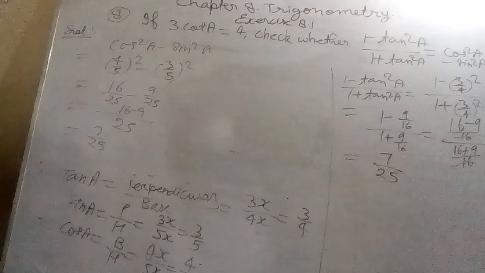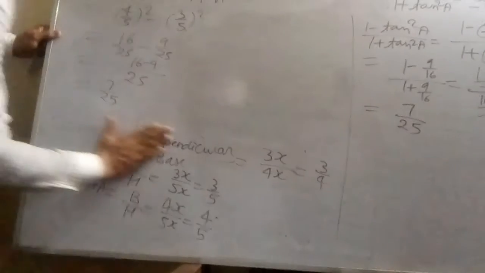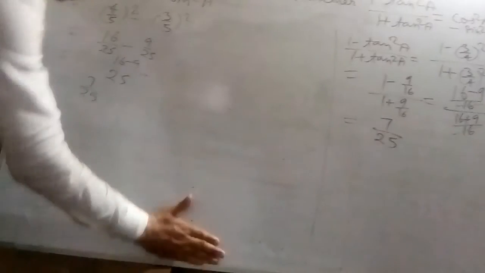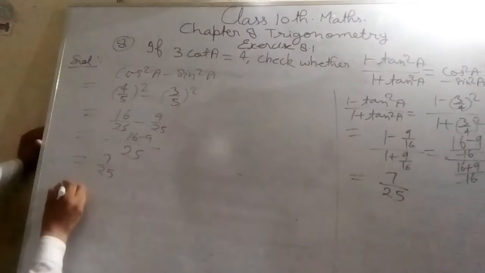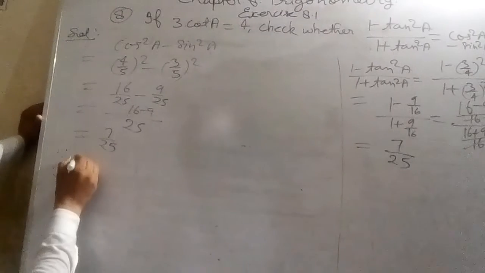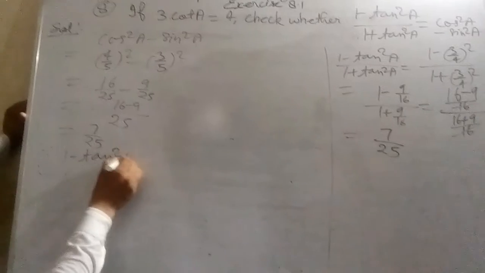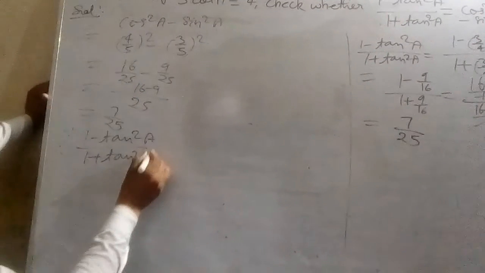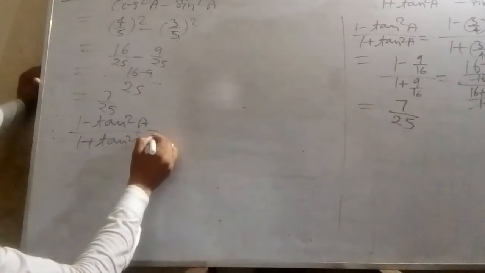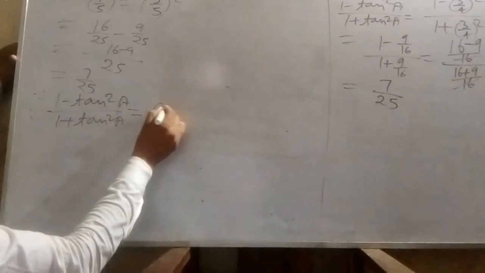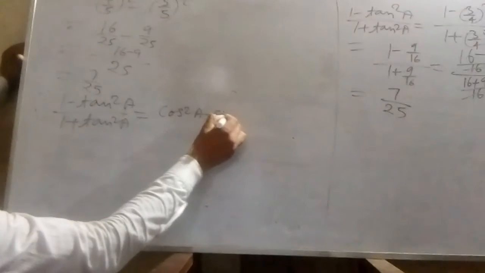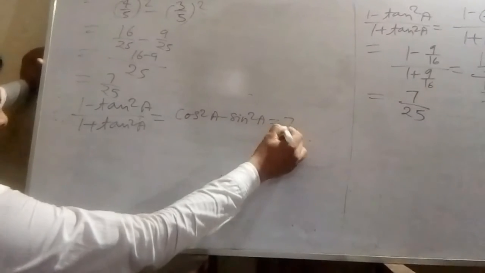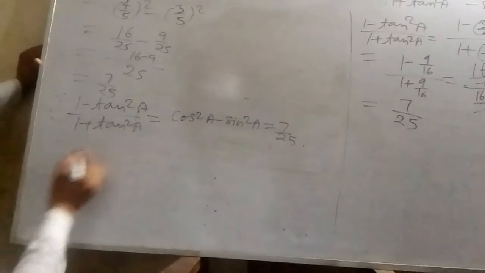Hence we can write here, since 1 minus tan square A upon 1 plus tan square A equal to cos square A minus sin square A equal to 7 by 25, means both have same value, hence proved.